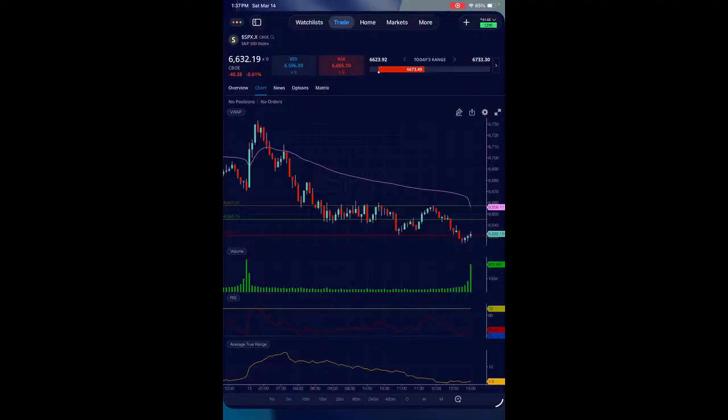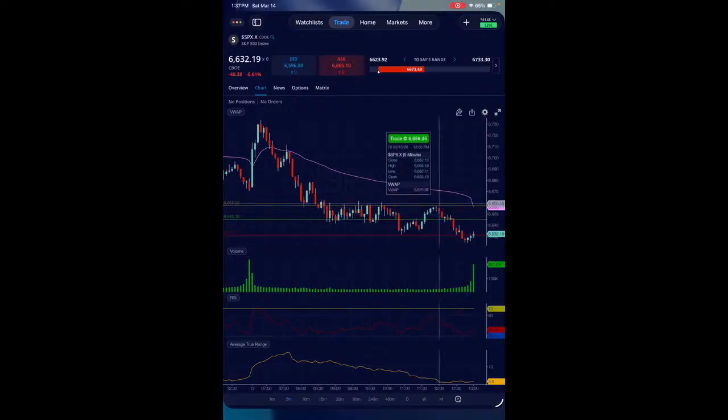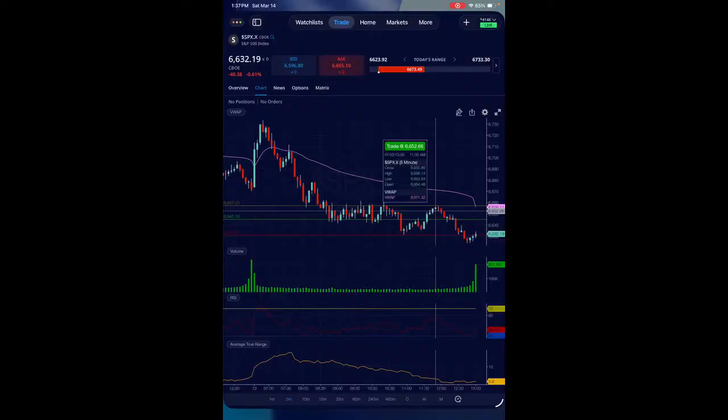But it gets better because it hit the zone and it started going sideways, right? So it hit the zone, started going sideways, and then it came back up right here. And I could have exited with a small profit, but I stayed in the trade because I wanted the home run, right, the 100%.